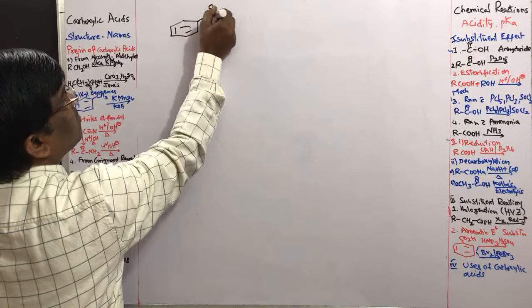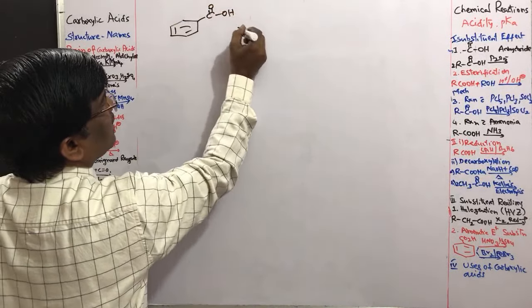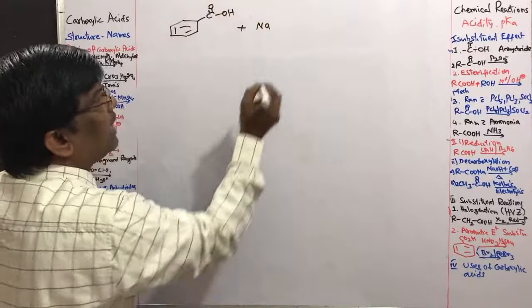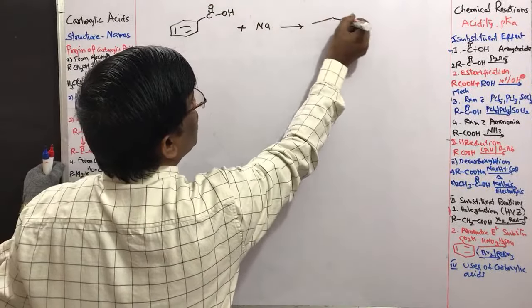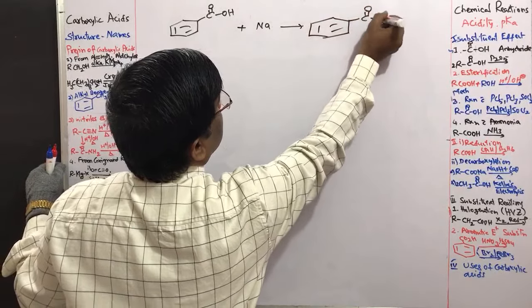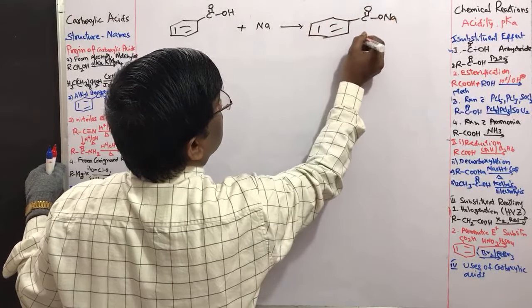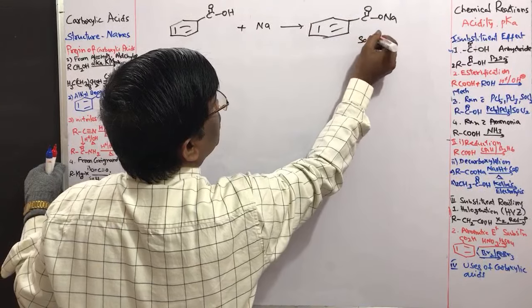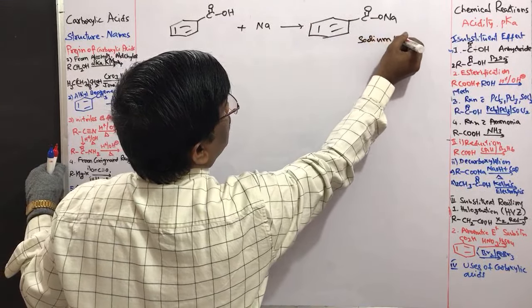Benzoic acid, let me take benzoic acid. When I treat it with sodium metal, it is going to form sodium benzoate. So this is the salt, sodium salt of benzoic acid, sodium benzoate.